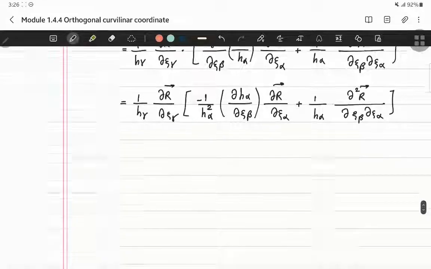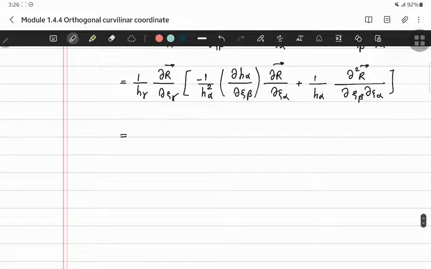Perfect. I just distribute this over this, so it is 1 over H gamma. So I have gamma and alpha. Okay, so I can write this as minus 1 divided by H gamma, H alpha squared.